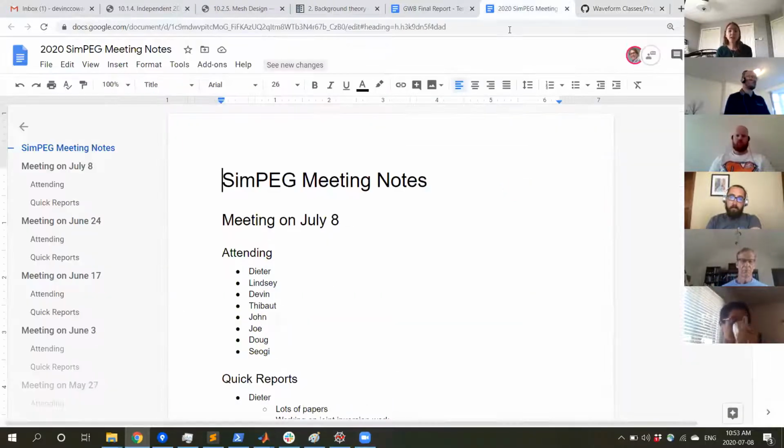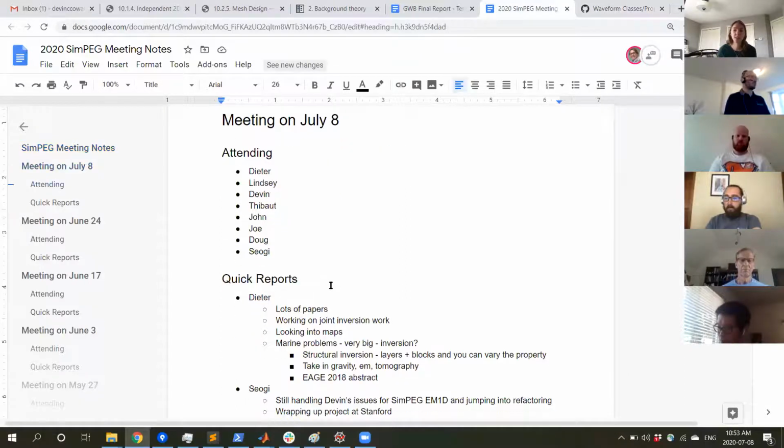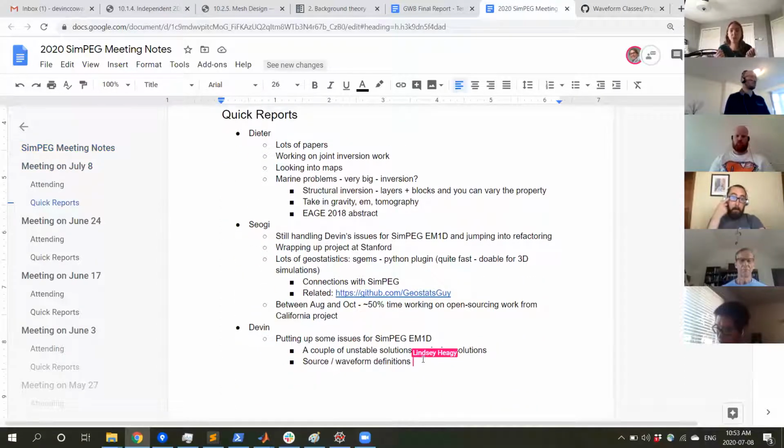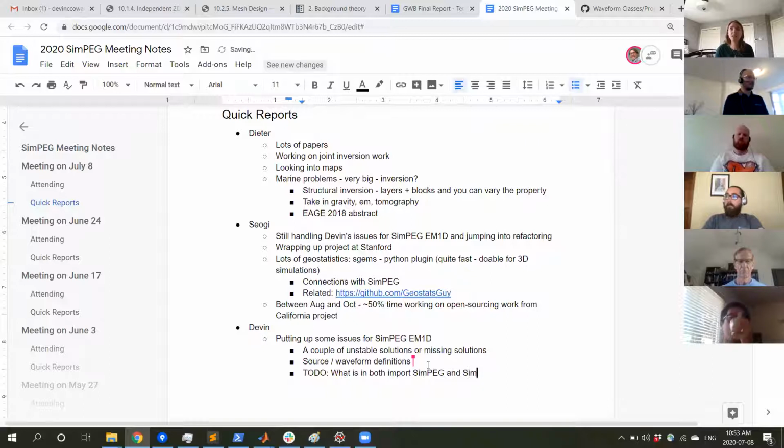Because what would be great is if, as you're refactoring this, the trapezoid waveform exists in both, then instead of re-implementing or changing the implementation of what's currently in SimPEG EM1D, just delete that code and use an import statement. So we don't need to necessarily move anything over to SimPEG right now, but basically just delete whatever is actually verbatim a duplication. Yeah, that makes sense.